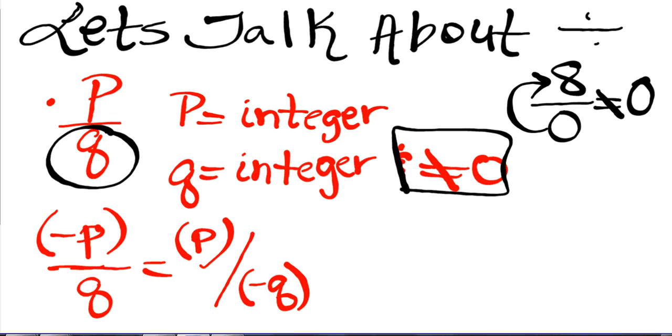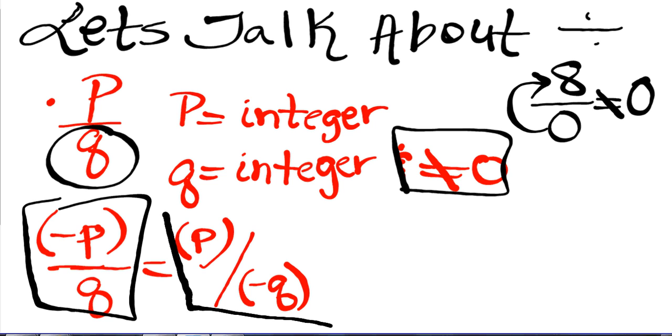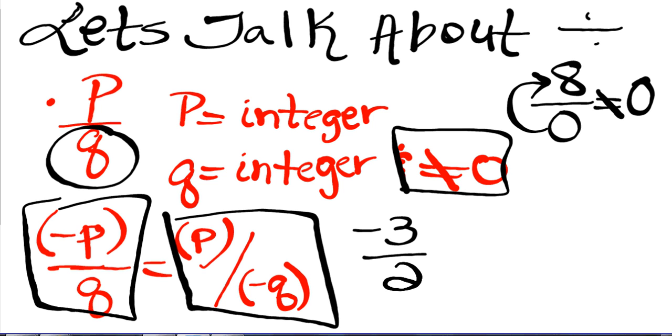So the first thing we need to remember is that if we are dividing integers, our divisor cannot equal 0. And number 2, if we are dividing integers, negative p divided by q is the same thing as having positive p divided by negative q. This is just basically saying if I have negative 3 over 2, it's the same thing as having 3 over negative 2.